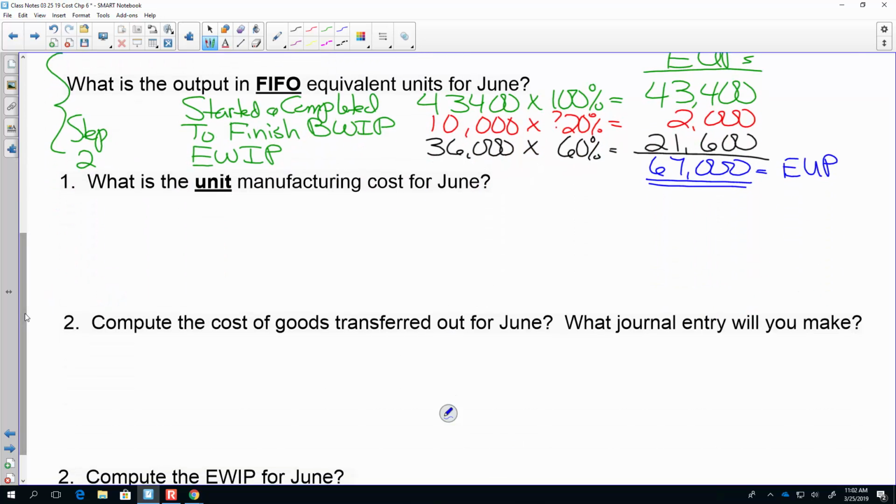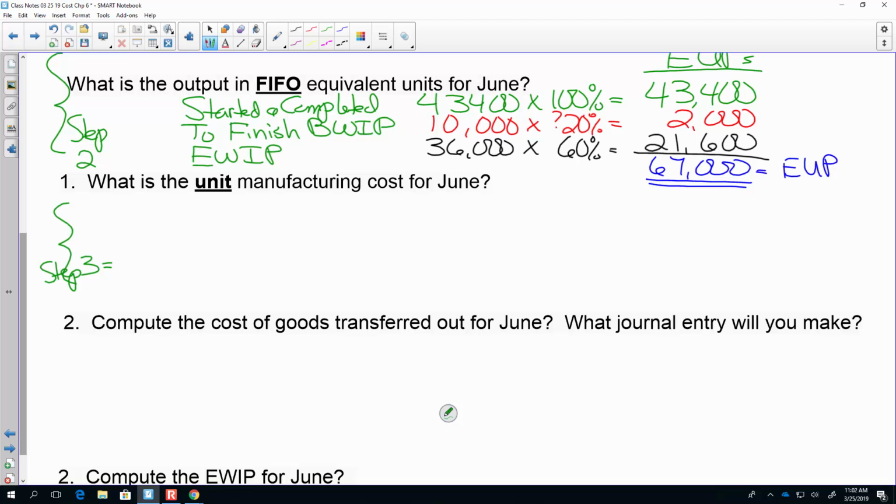All right, we'll go to our unit cost, step 3 computation. Current cost. What is my current cost under the FIFO method? We can't mix beginning with current. So what is my current cost?